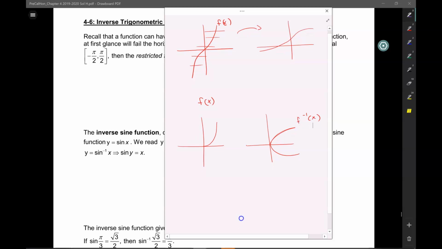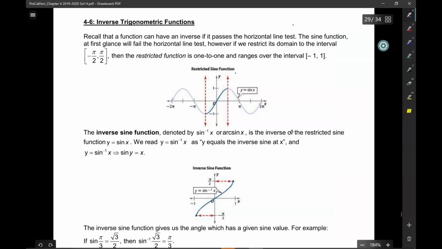So we say, okay, let's just restrict the domain so that x is greater than 0. We don't look at the other part of the graph. Now, the inverse of that will be this, and that is a function.